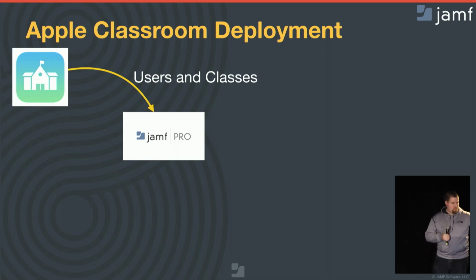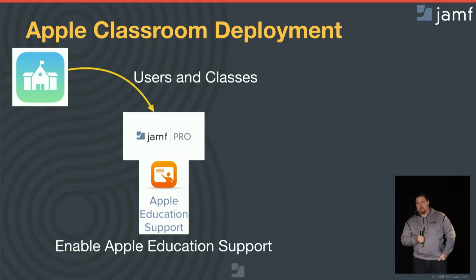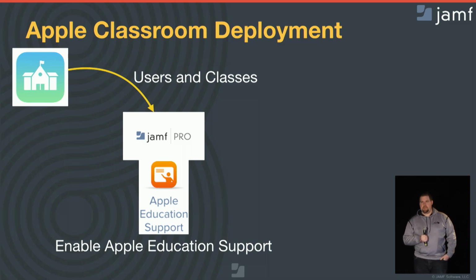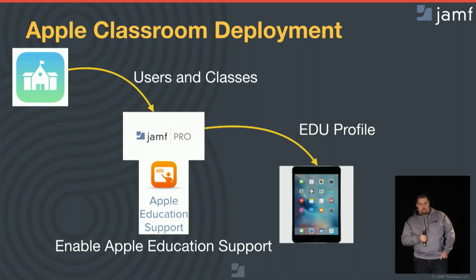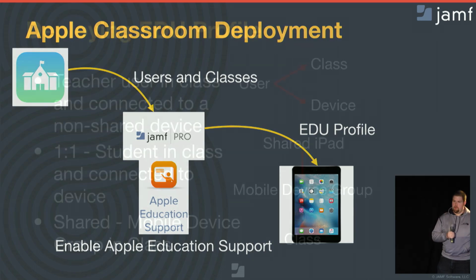In Jamf Pro, we're going to enable Apple Education support, and this is the function that will allow your Jamf Pro server to push out the EDU profile to your devices, which is needed in order to use Apple Classroom. Jamf Pro will then send out the EDU profile to your devices where they'll be ready to use Apple Classroom. I know, it didn't disappoint.